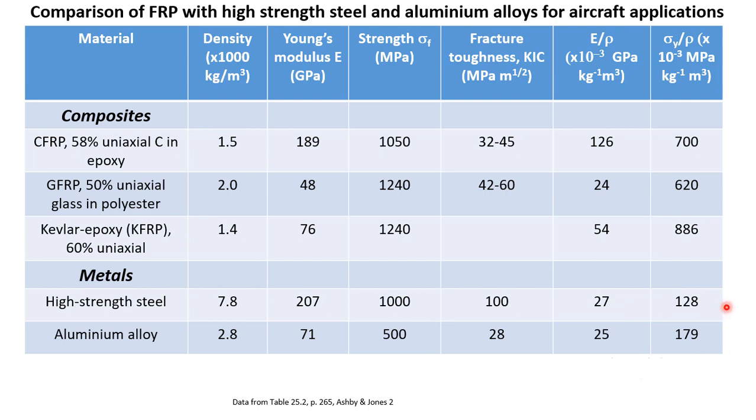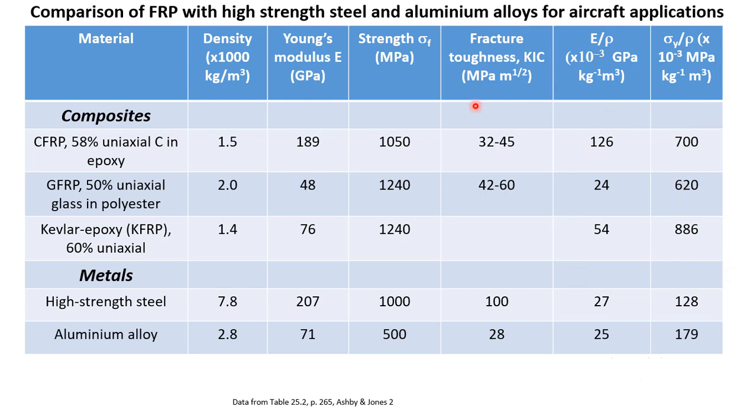So now for any lightweight application, we will compare these two ratios. Of course, we will compare the absolute values of Young's modulus, strength, and fracture toughness. But for our decision making, we should also compare E over rho and sigma y over rho, so that we can make a decision what material will be the best for our application.